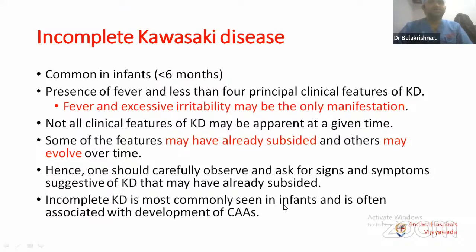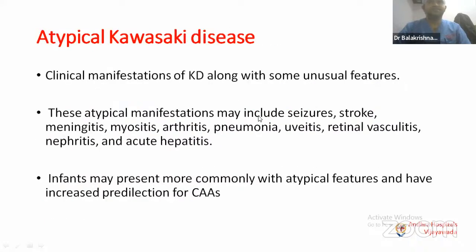Incomplete Kawasaki disease is most commonly seen in infants, and it is associated with development of coronary artery aneurysms. This particular child had fever, irritability, and meningitis signs. So what is atypical Kawasaki? It can be seizure, stroke, meningitis, arthritis, pneumonia. Infants may present more commonly with atypical features, and they have increased predilection for coronary artery aneurysm.